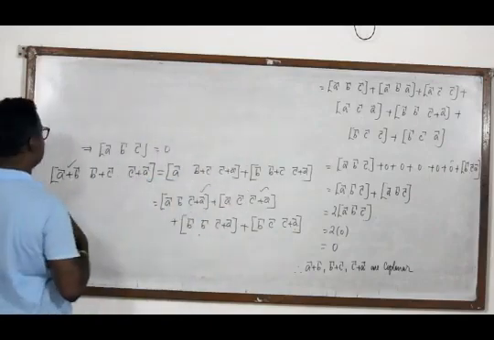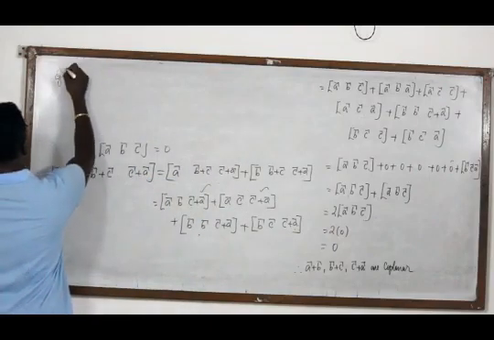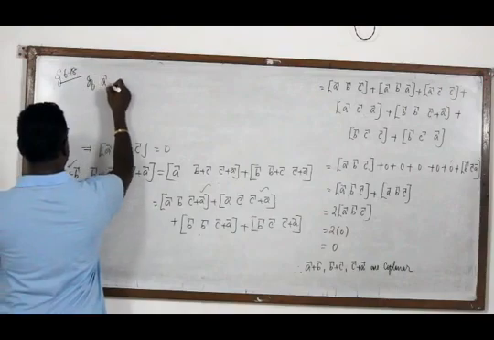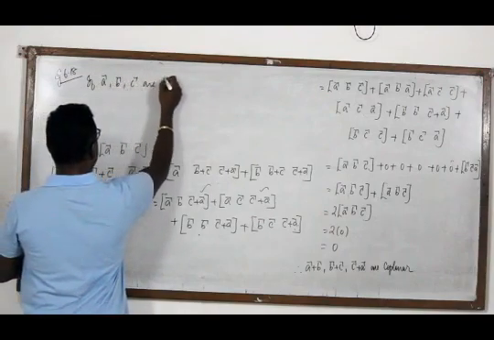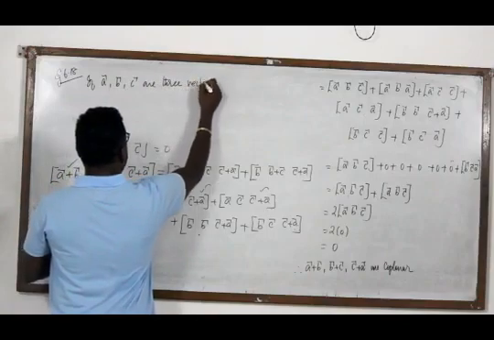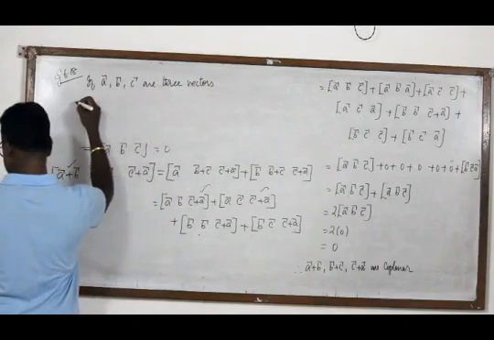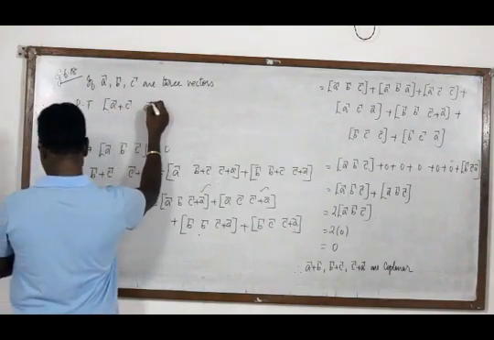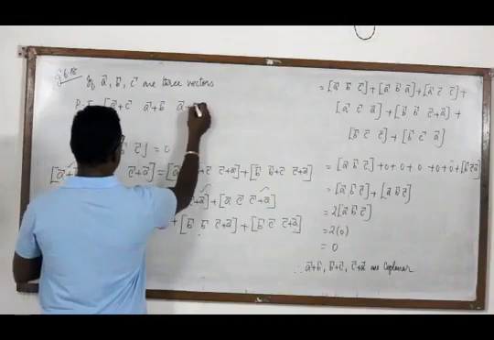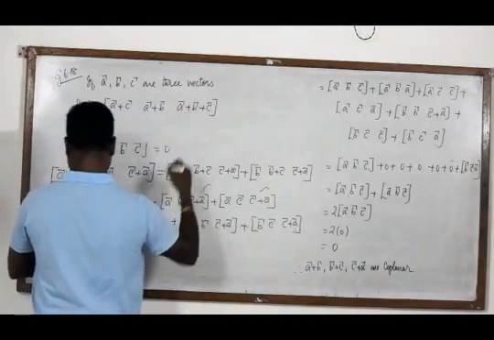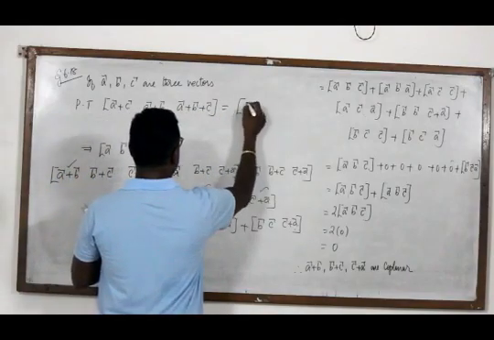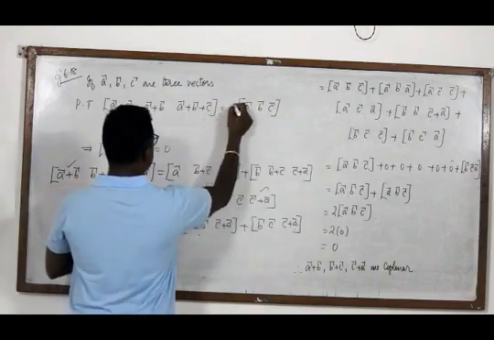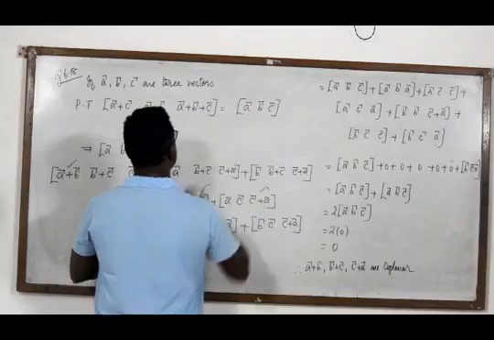Now, example 6.18. If A vector, B vector, C vector are 3 vectors, prove that A plus C, A plus B, A plus B plus C is equal to, in the book they gave minus A, B, C, but the answer is plus A, B, C. So change it to plus A, B, C in your book.